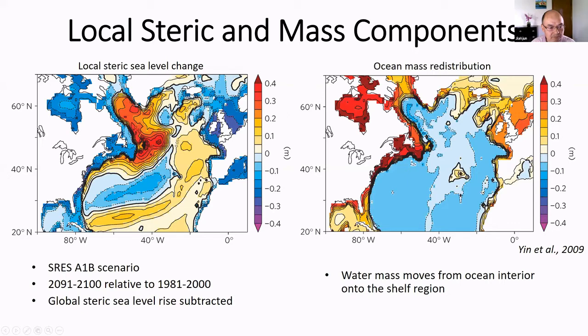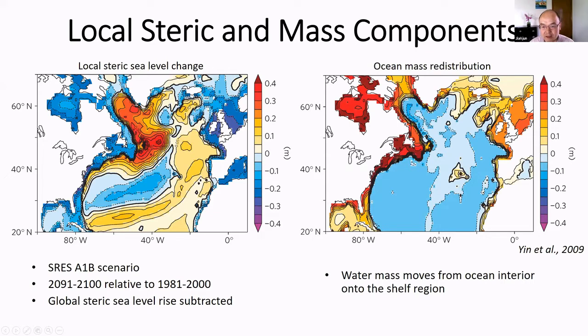You can see the different colors associated with the sharp gradient. That sharp gradient can drive more water mass from the ocean interior onto the shelf region. The right panel shows the sea level change due to the ocean mass redistribution, which we calculated based on the ocean bottom pressure change.